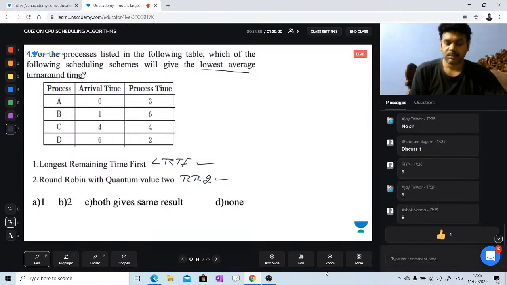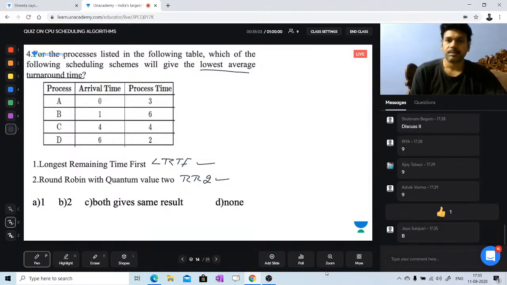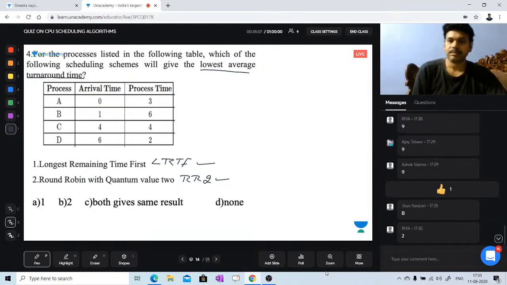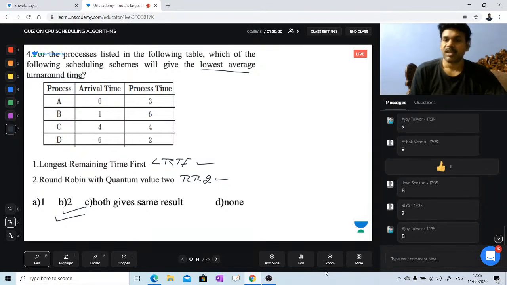So which one? One or two? Yeah, round robin. Very nice. Good work. So round robin is the answer. Any other doubt, please? You want me to discuss? I will discuss.